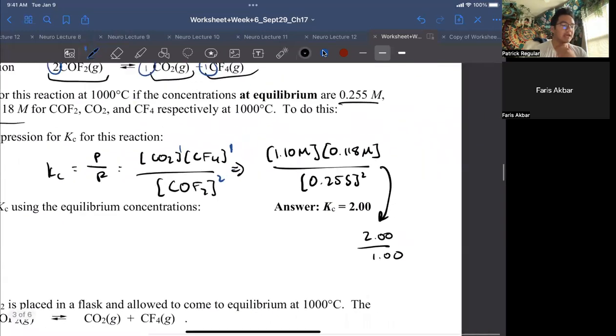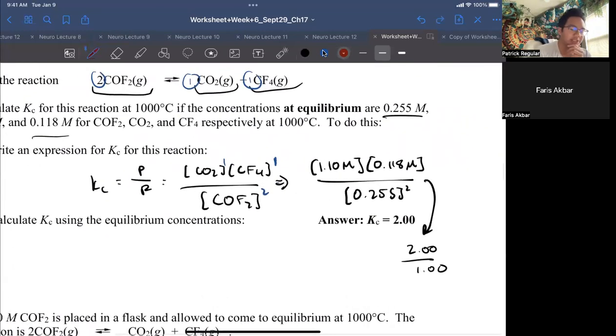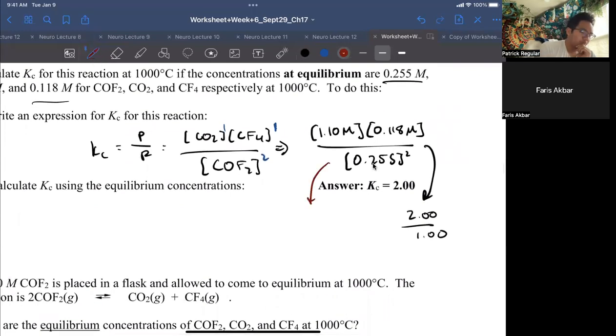I will say something very handy to know on the test. I'm pretty sure if you're given a mixture of molarity and atmospheres, they're interchangeable. So if you had 1.10 atmospheres and then 0.118 molarity, I'm pretty sure you can just use that normally.